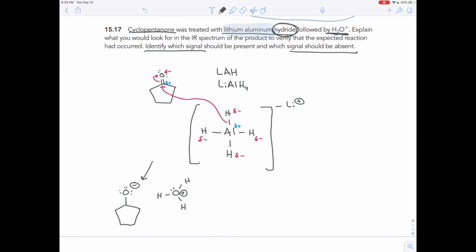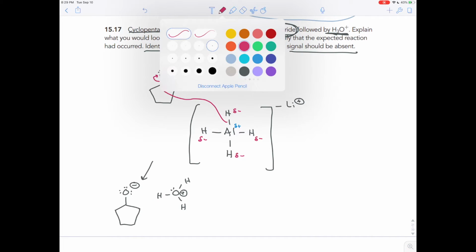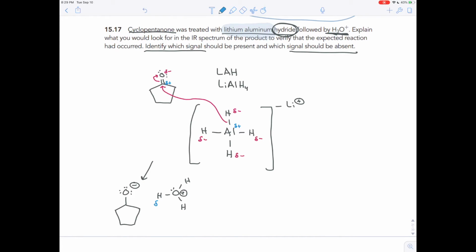That's our H3O+. And of course the oxygen is electronegative, so all these hydrogens are losing electrons to the very electron-hungry oxygen. And so the hydrogens are slightly positive.